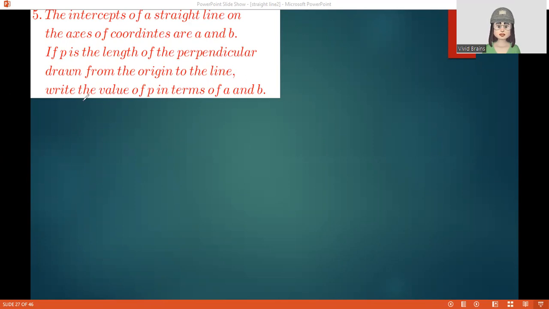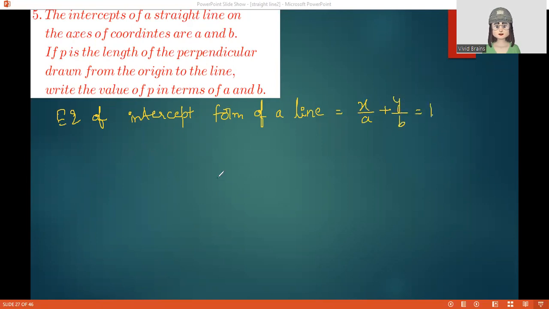So, what is the equation of the intercept form of a line? The equation of the intercept form of a line is x by a plus y by b is equal to 1.